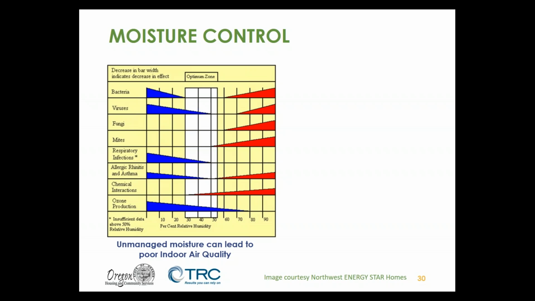And you can see that as you get to the extremes of low humidity and to the extremes of high humidity, your risk factor, as demonstrated by those colored triangles, gets higher and higher. And there's a nice little optimized zone in the high 30s, low 40s, maybe up to 55, where you have the lowest incidence of the most dangerous indoor air quality issues that come from moisture.